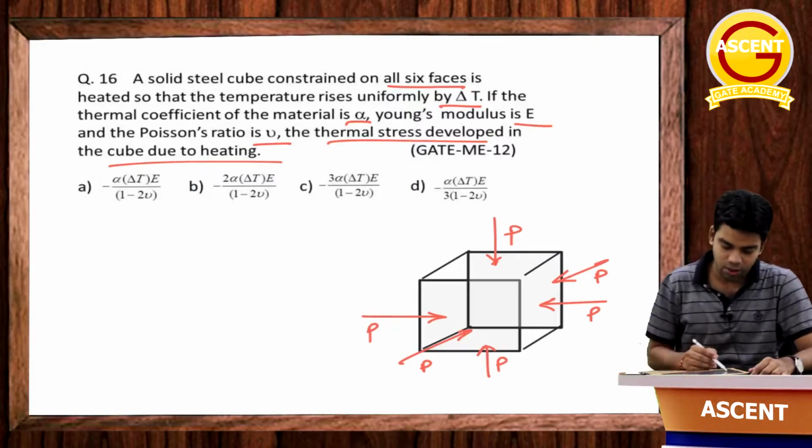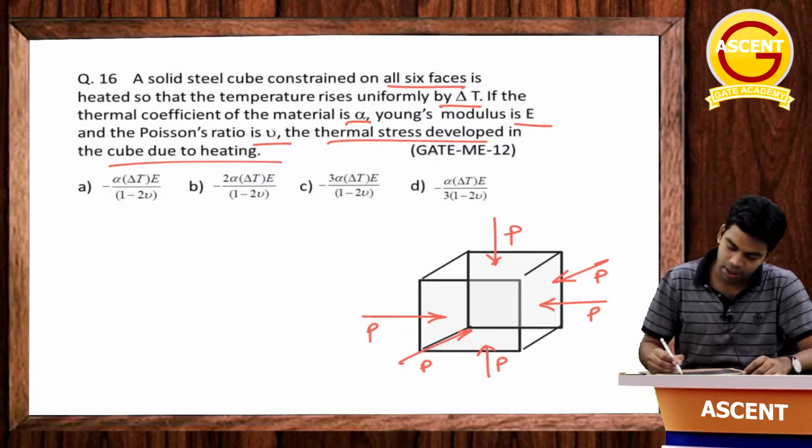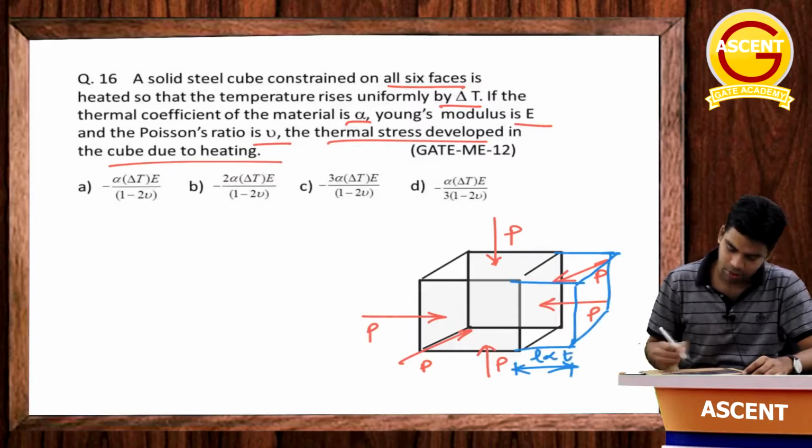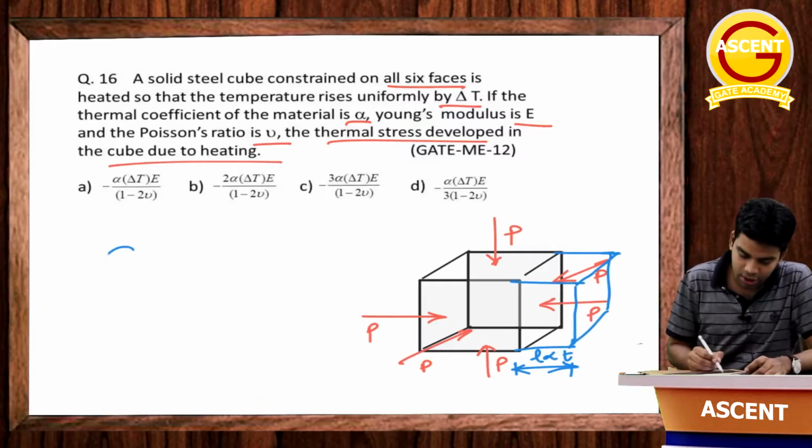So, if this solid cube is free to expand, then obviously in any direction you can take, we are taking x direction, then in x direction it would have expanded by an amount L alpha T. Okay, that means the thermal strain in x direction will be equal to L alpha T.